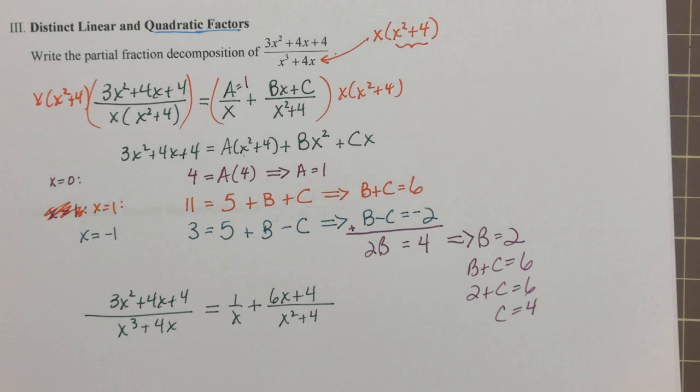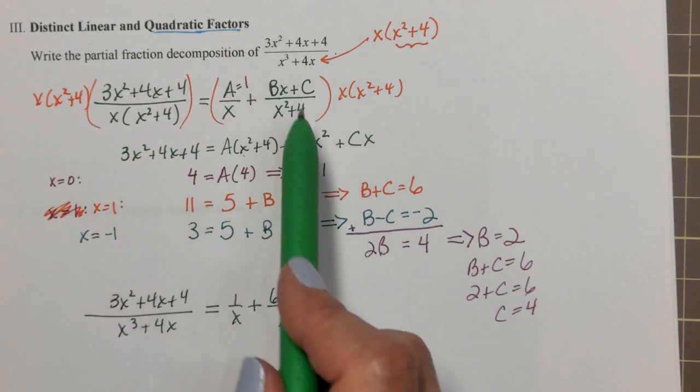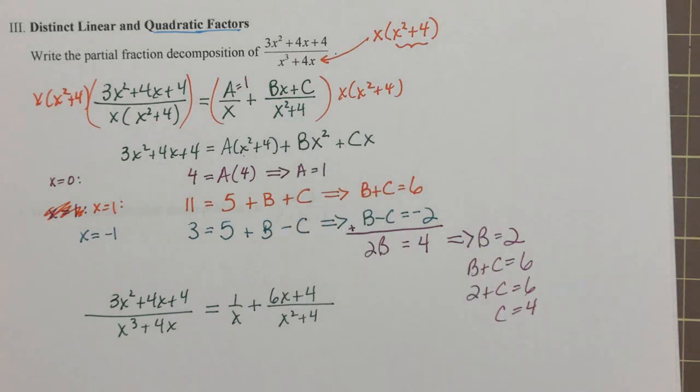And those are the three types of partial fraction decomposition. And of course, the denominators can get quite complicated. These can get quite long. We could have repeated quadratic factors where we would have two of these things. They can get quite complicated, all right?